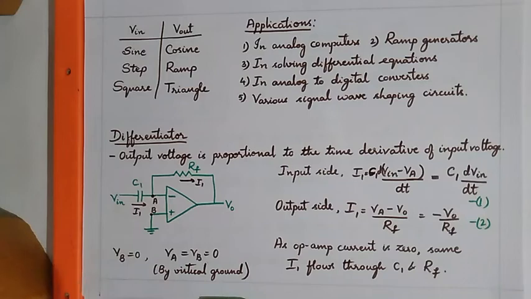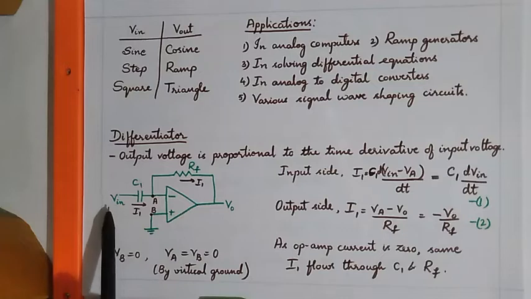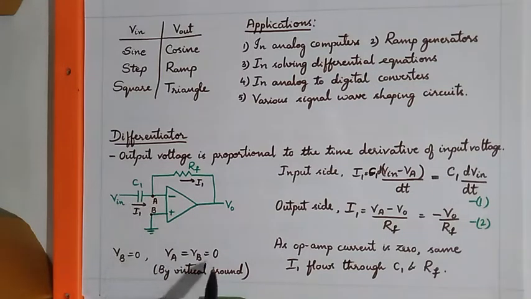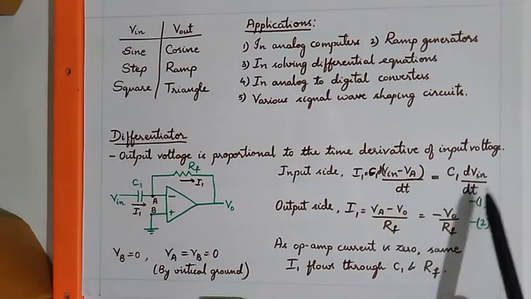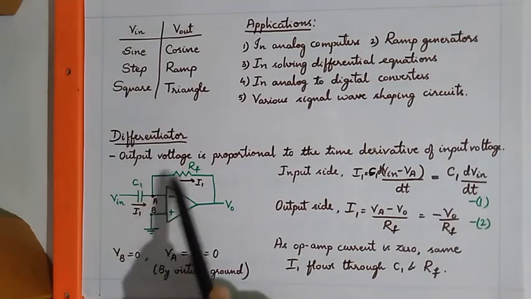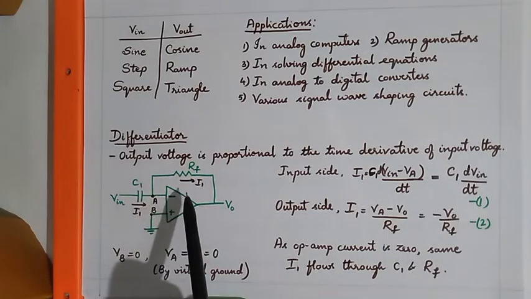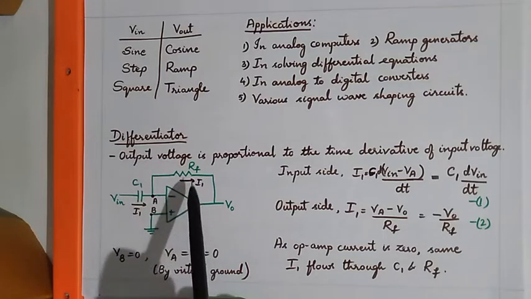Looking from the input side, the current I1 is equal to C1 into d(Vin minus VA) by dt. Since VA is equal to 0, I1 equals C1 into dVin by dt. In the feedback loop, we have current I1 equal to (VA minus V0) by RF.